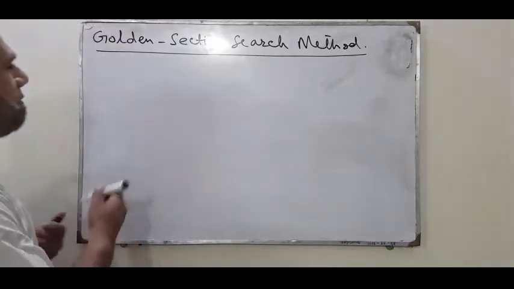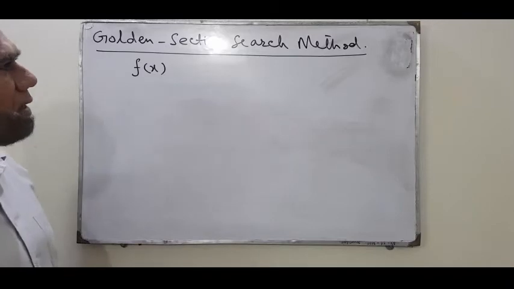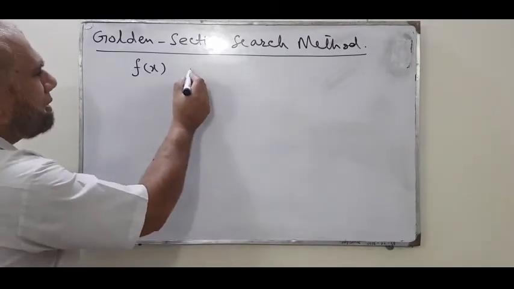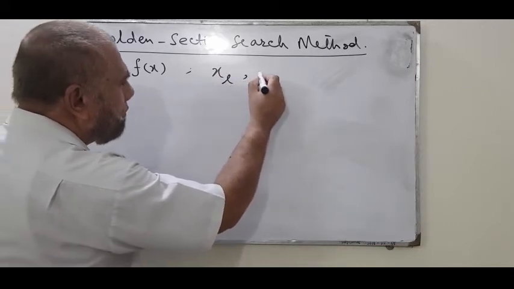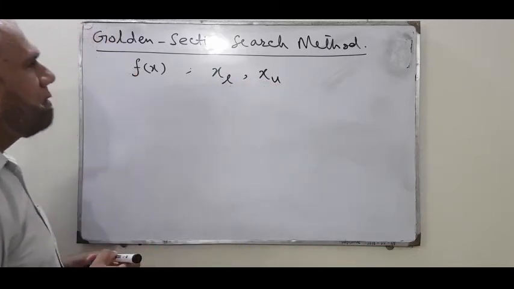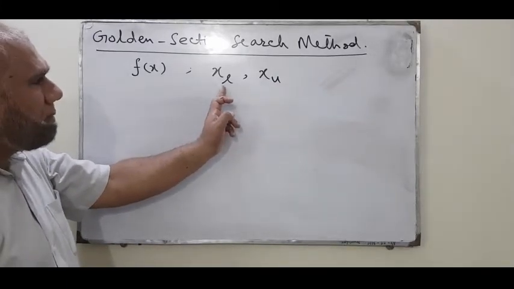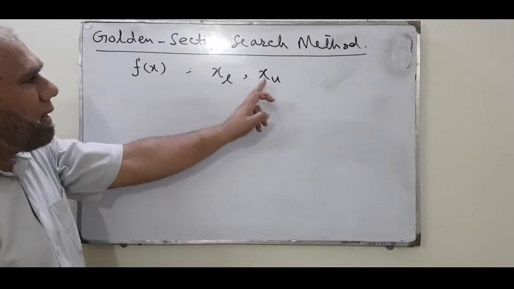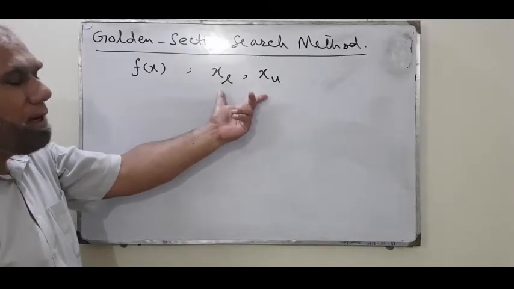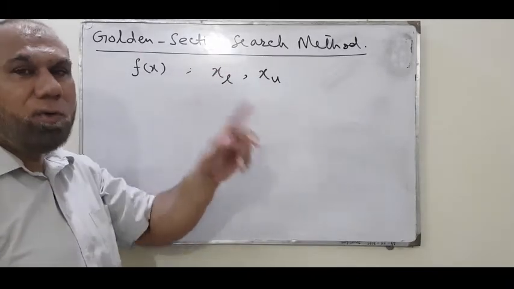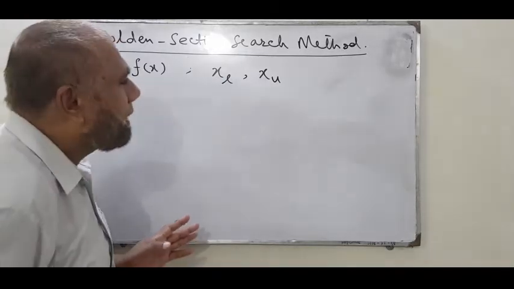The procedure starts from a function f of x, a single variable function, and then we require a domain consisting of the two endpoints. We show them as xl and xu: xl the lower bound or lower limit, and similarly xu the upper limit, the interval in which at most one optimum value of the function lies.